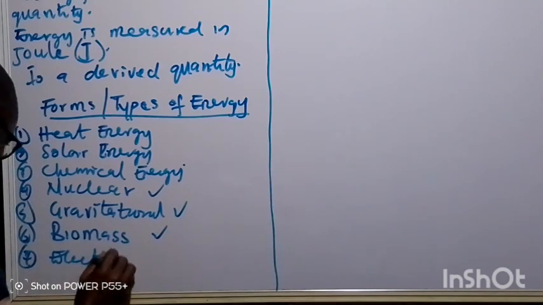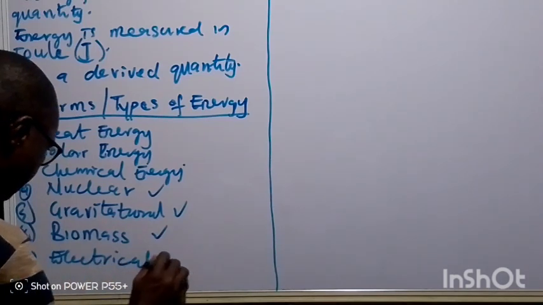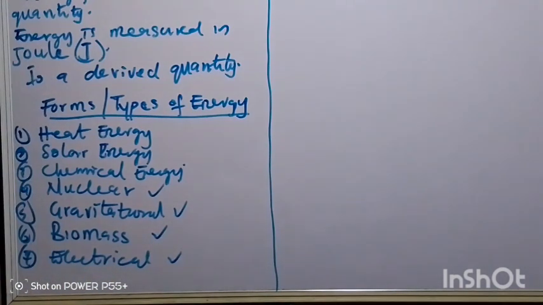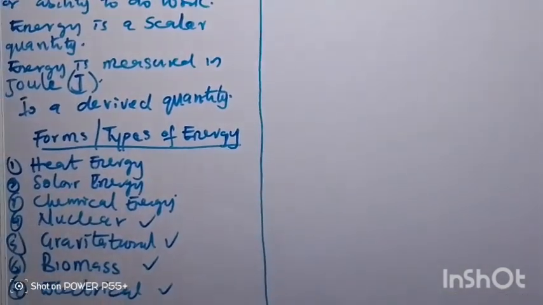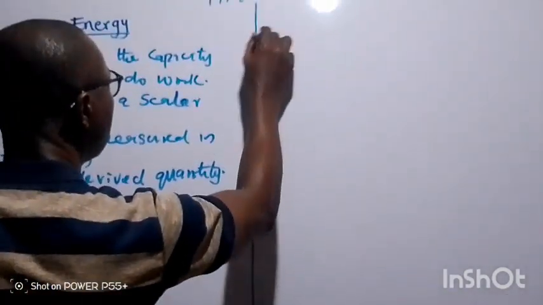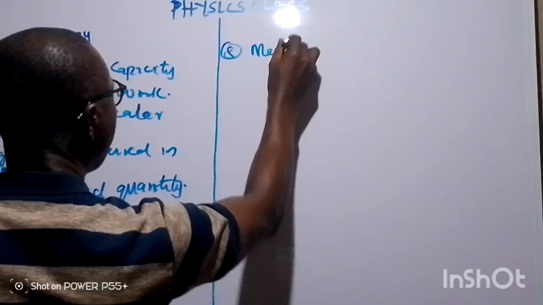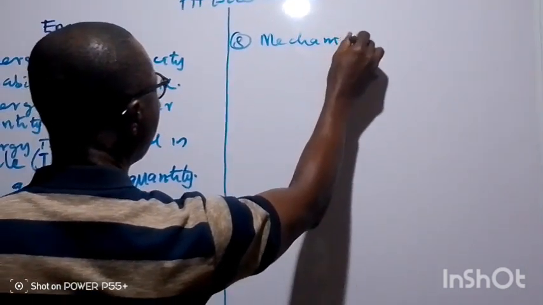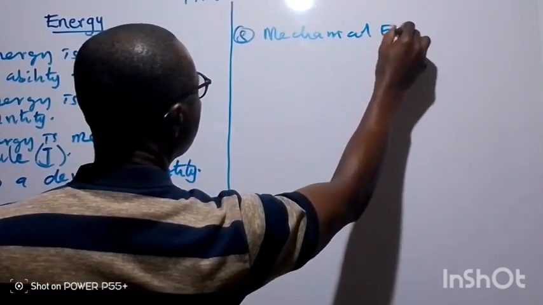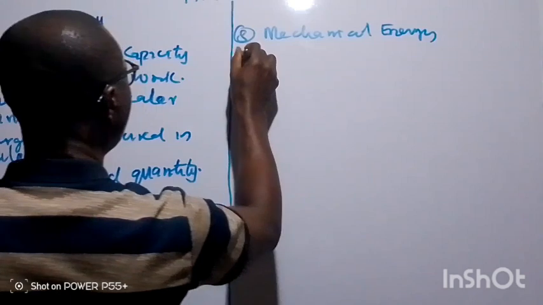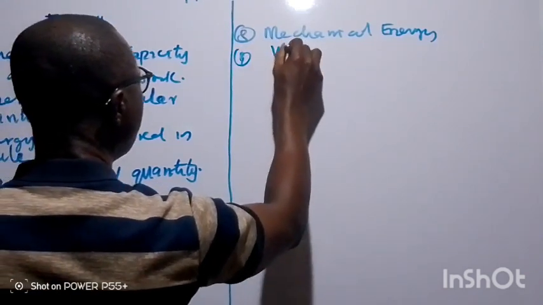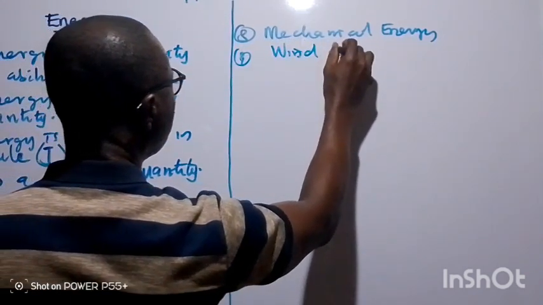Number 7, electrical energy. Number 8, mechanical energy. Number 9, wind energy.